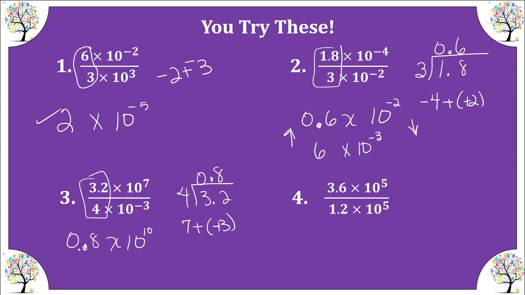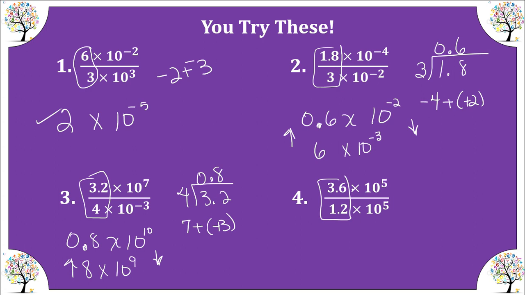I need to adjust the 0.8. It needs to be between 1 and 10, so let's make it 8, move the decimal over 1. So I increased on the left, so we need to decrease on the right, so I decrease by 1 exponent because I only moved the decimal once, and that gives us 10 to the 9th.